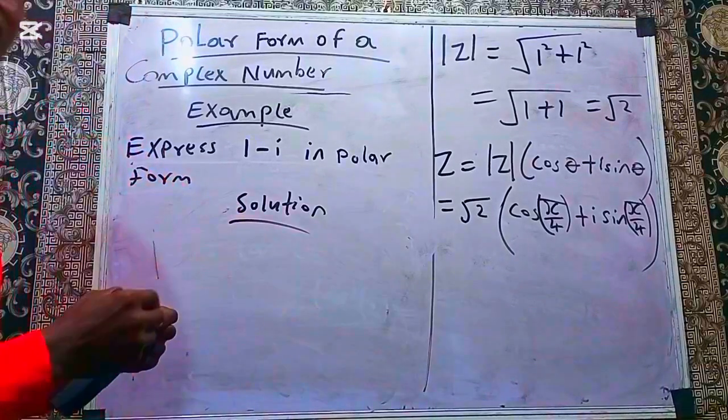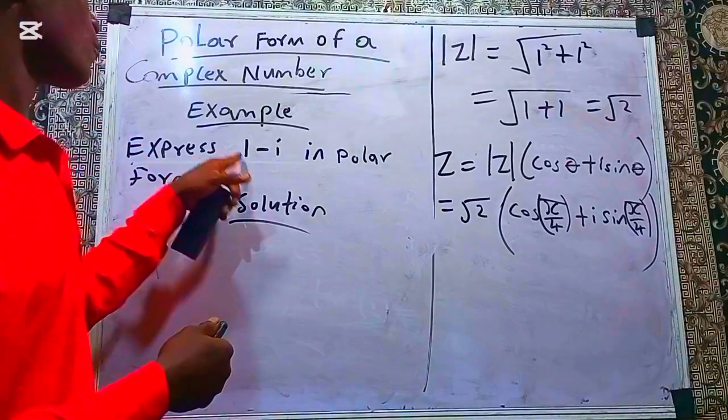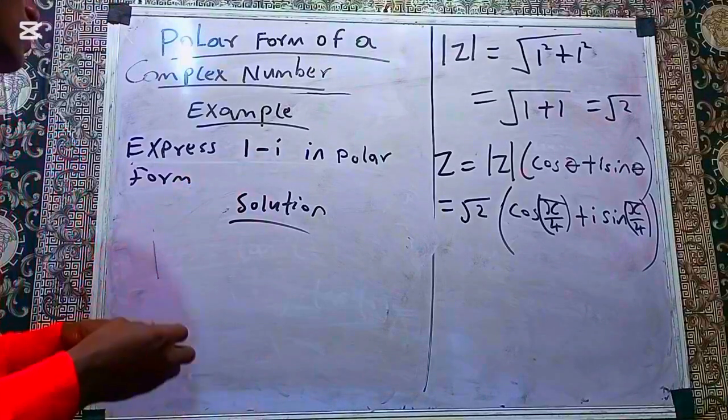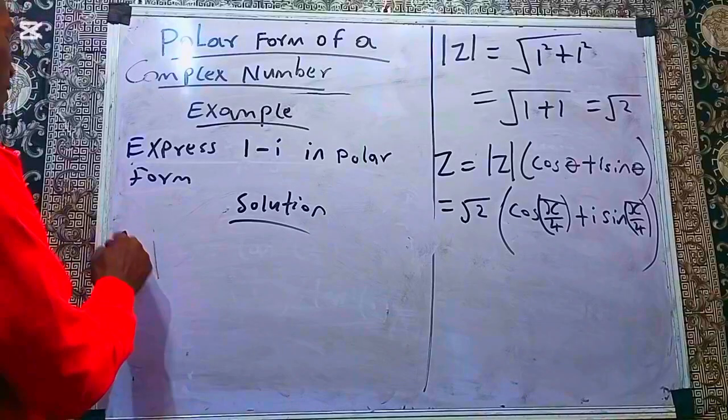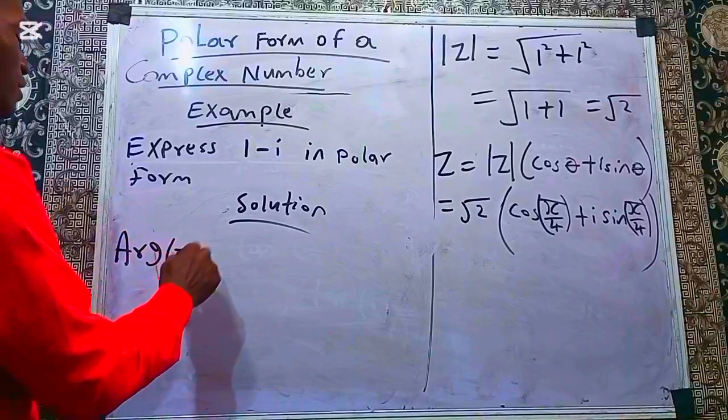Now let's find the polar form of this complex number, 1 minus i. Let's see what will be the polar form of this very complex number. First of all, find the argument of z.